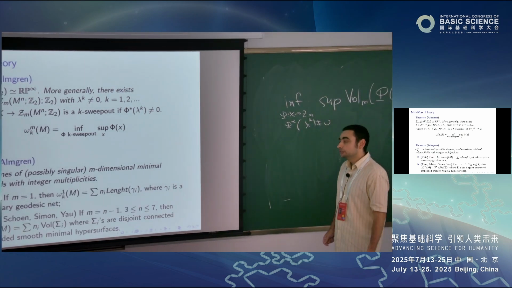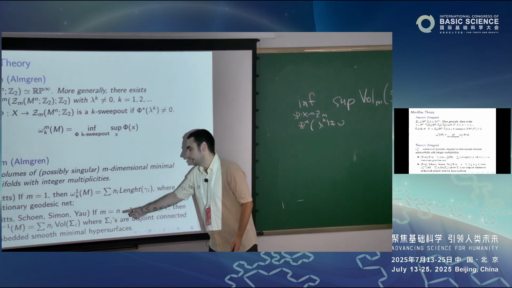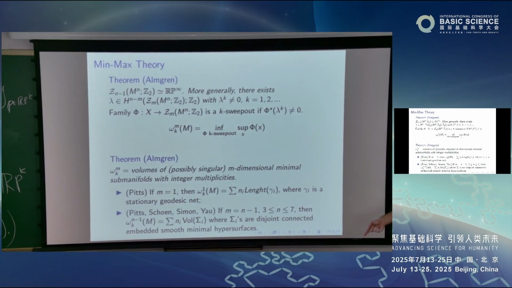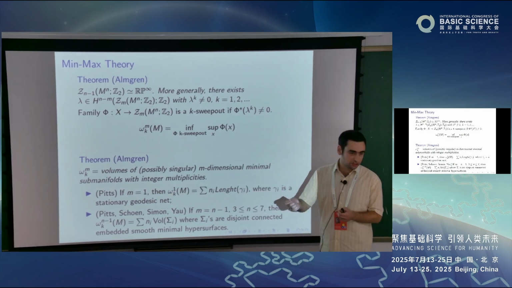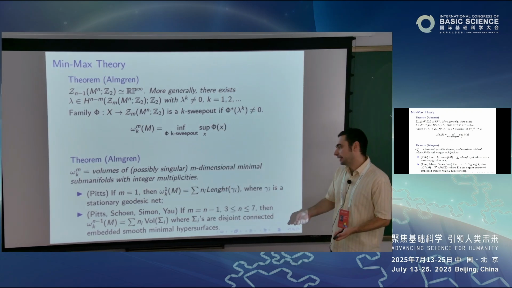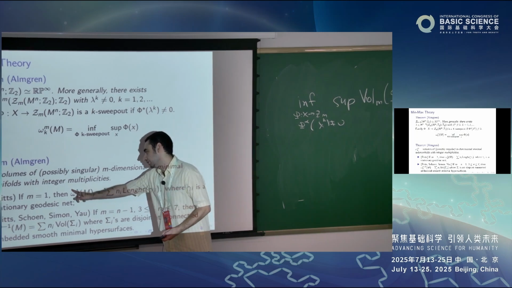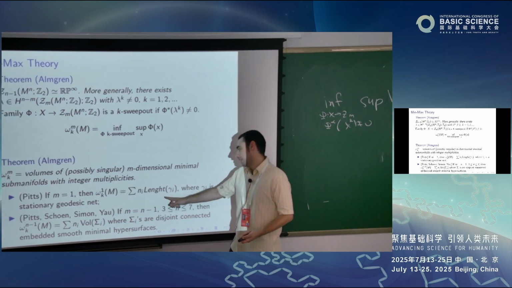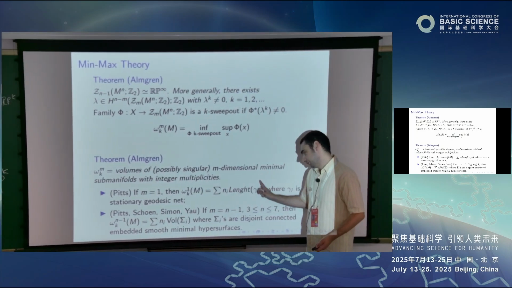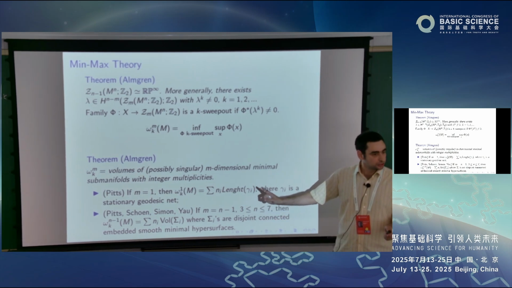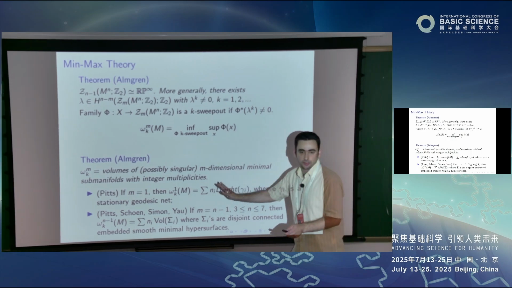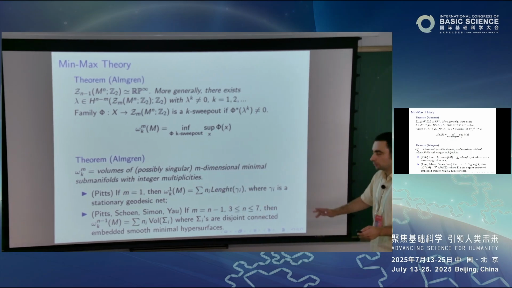In two instances, we have better regularity. One instance is dimension 1. When we're looking at one cycles in the space, then we know that these values will be equal to sums of lengths of stationary geodesic nets. I'll explain what they are in a moment. Right now, just think about them as a slight generalization of closed geodesics.